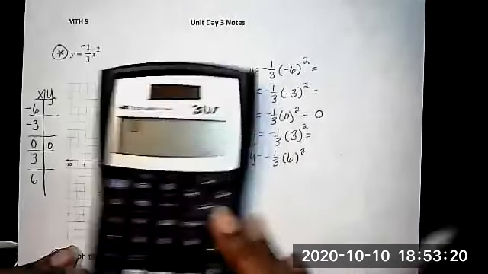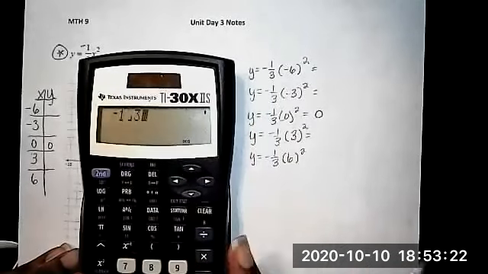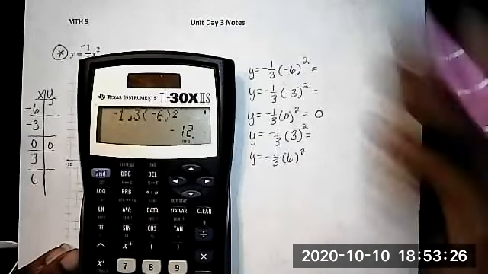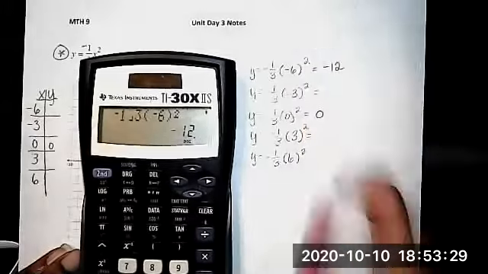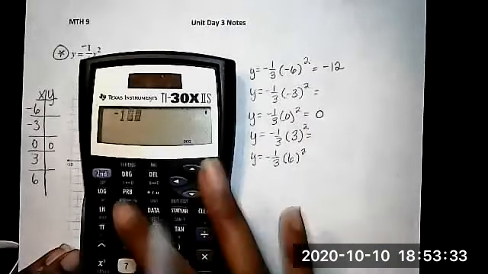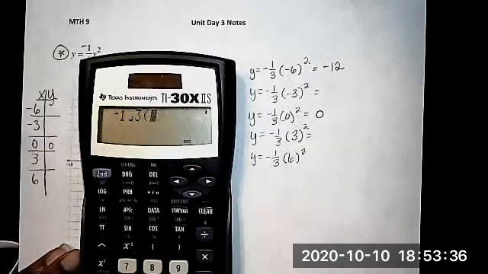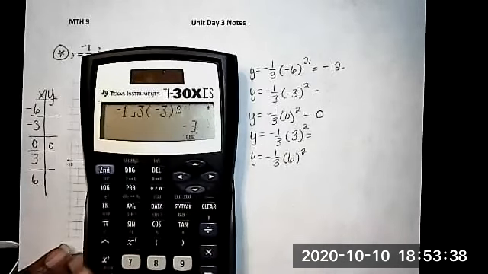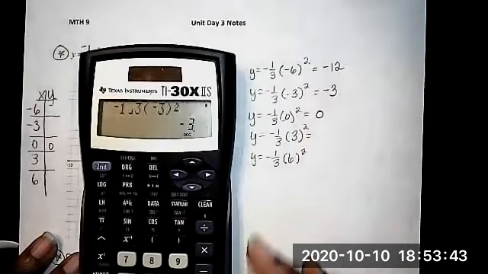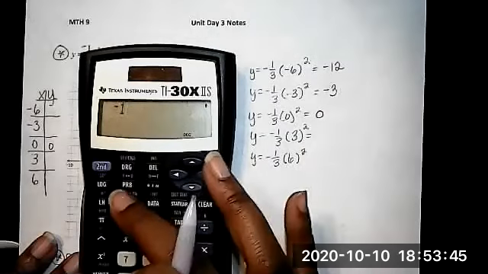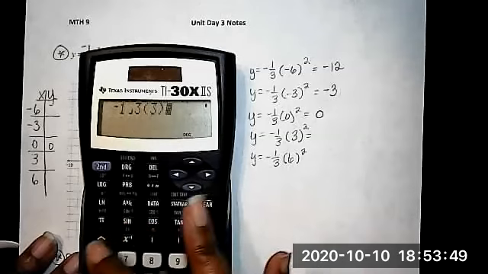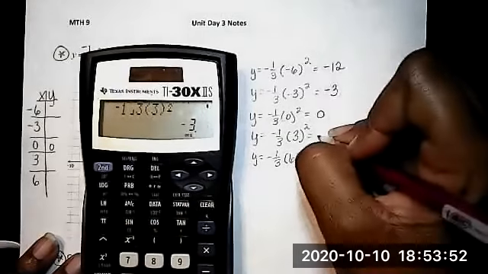So on my calculator, I'm putting -1 divided by 3, of course, times -6 squared. And what do I get for the first one? -12. Looks like it's going to be kind of off the graph. Then I have -1 divided by 3 times -3 squared. -3. Then -1 divided by 3 and then times 3 squared. -3.